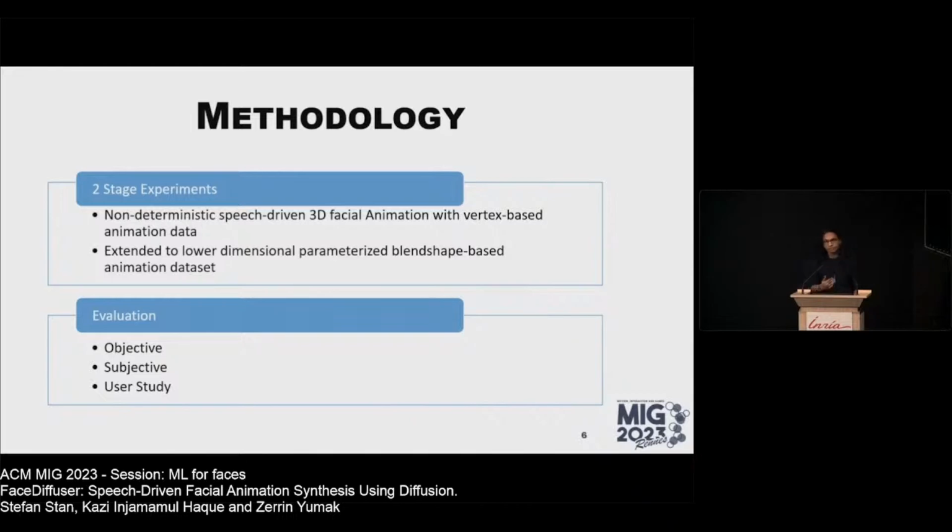When we got better results than the state of the art we were comparing with, we extended our model with minimal changes for it to work on the lower dimensional data sets. In both stages, we evaluate our model objectively with quantitative metrics, subjectively, and with perceptual user studies.